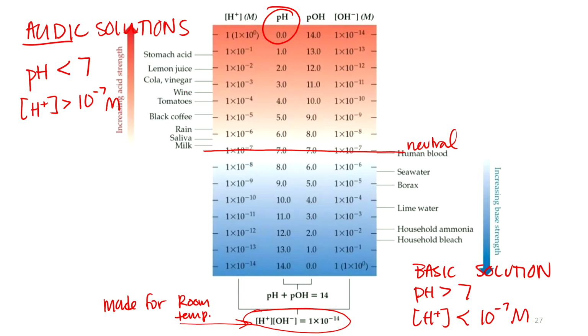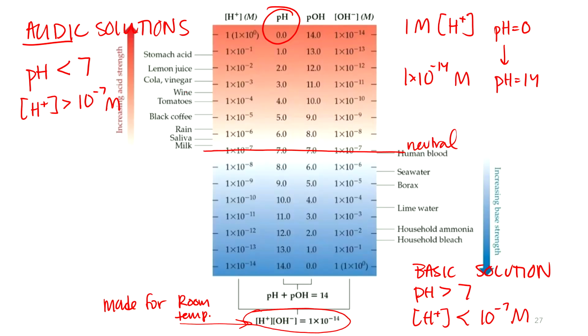And it is really useful to have the pH scale, especially because the range of H plus concentration is enormous. At a pH of 0, we have 1 molar H plus concentration. When we go all the way down to pH equals 14, we're looking at 1 times 10 to the negative 14th molar. It's an enormous range.